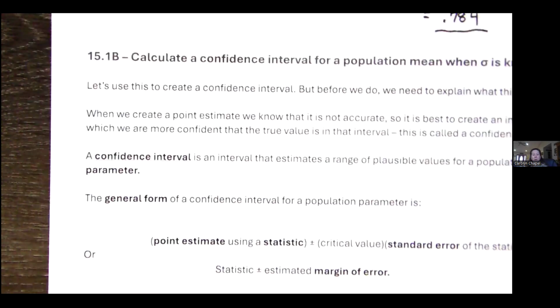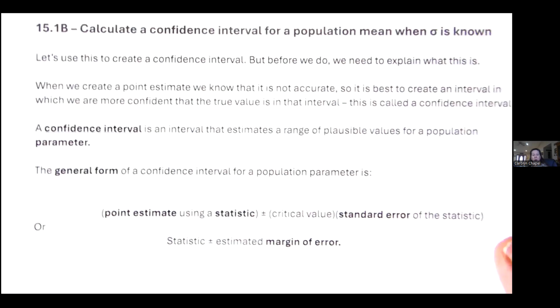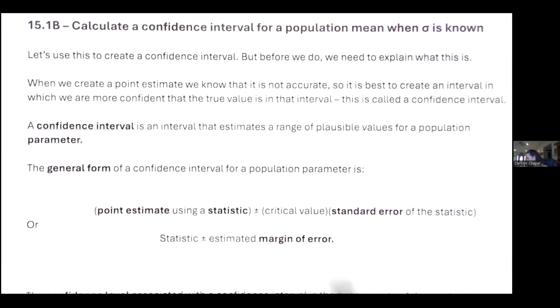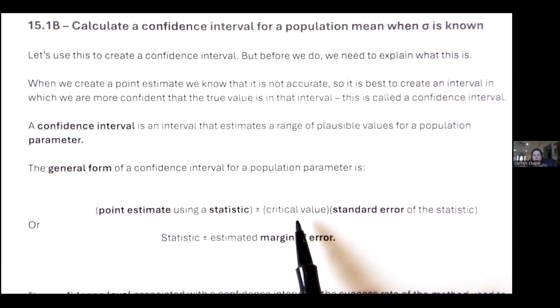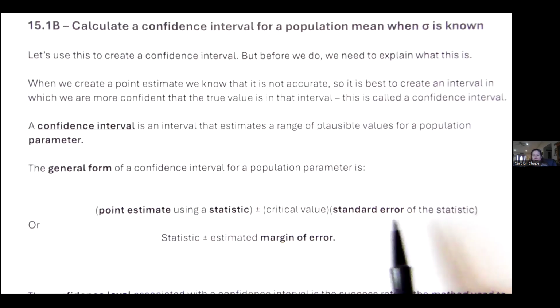So I'm kind of skimming down here. So this is kind of how we did that. So we're going to take our statistic, that point estimate, and we're going to add and subtract that critical value and the standard error. So remembering standard error was that sigma over square root of n in the case of X bar.